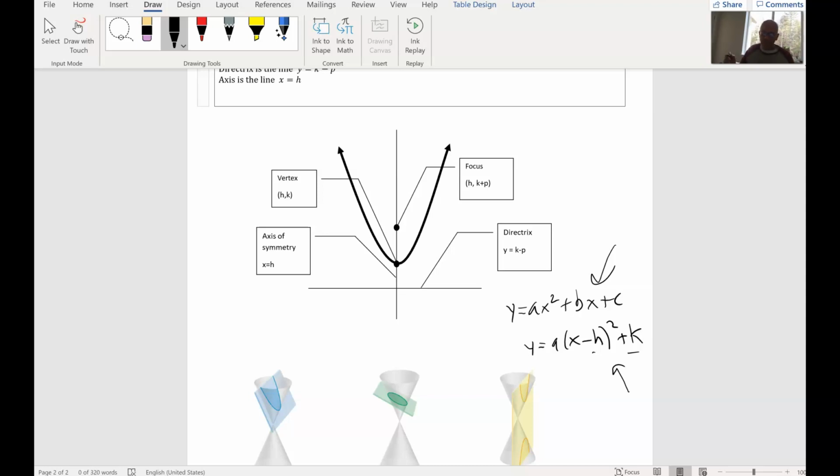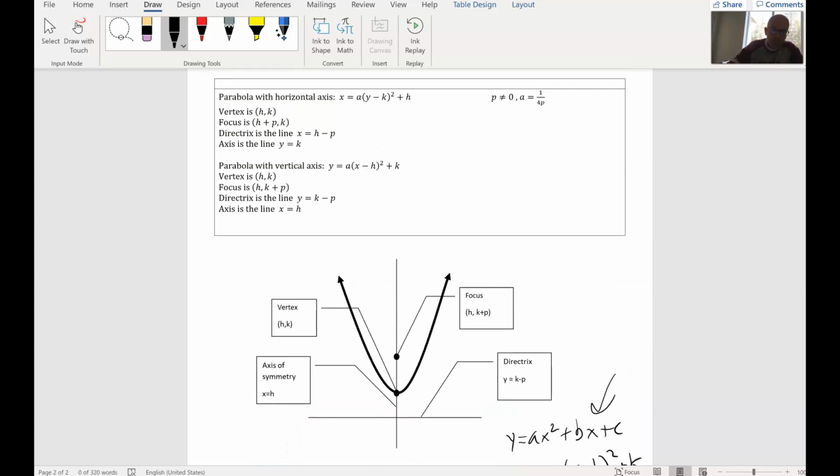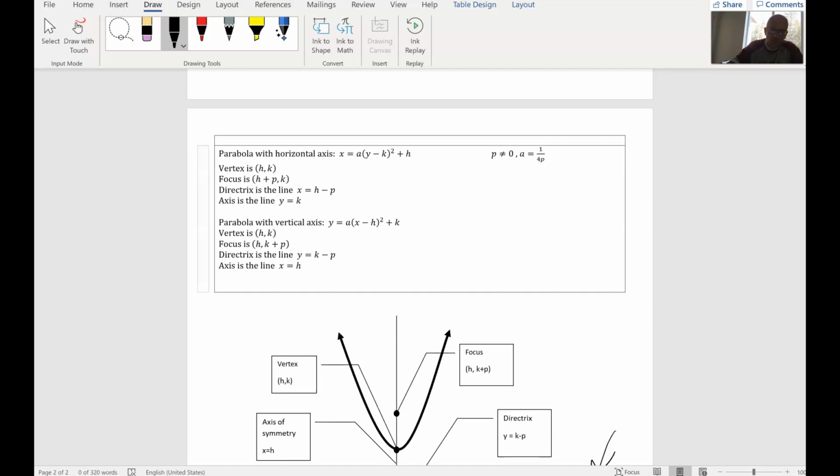Now, in pre-cal, we talked about a being the stretch factor. But another way to look at a is, we'll scroll up here for a minute. Here's the parabola. This is the key feature: a is always going to equal 1 over 4p.